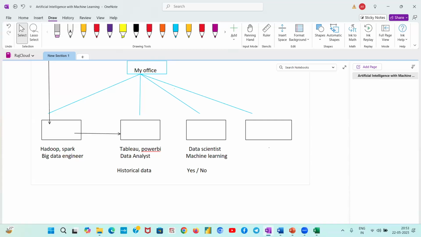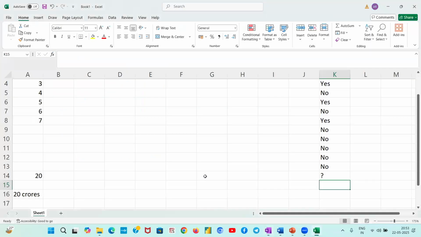So if I give these details to my Airtel customer, what do they do? Imagine, out of these remaining people, my machine is telling that this person is going to leave, this person is also going to leave. My machine started predicting it.